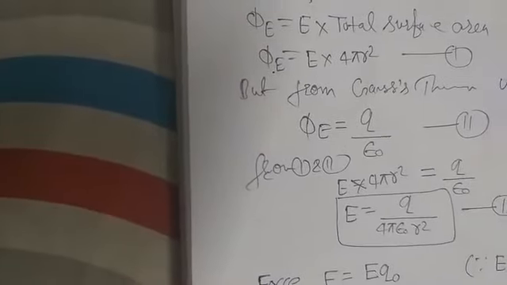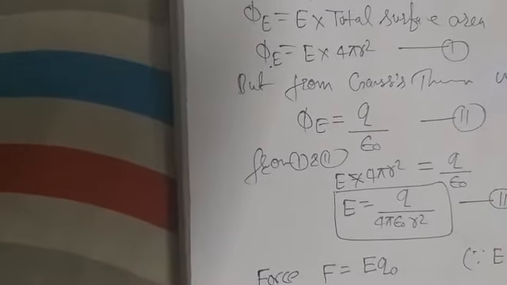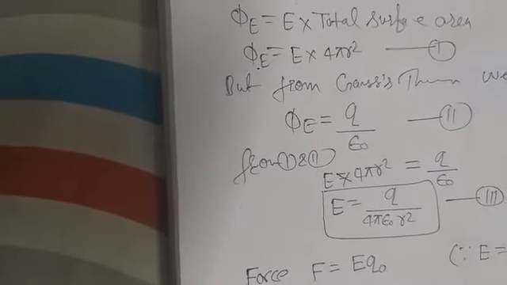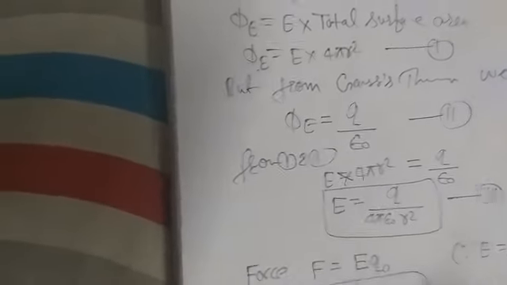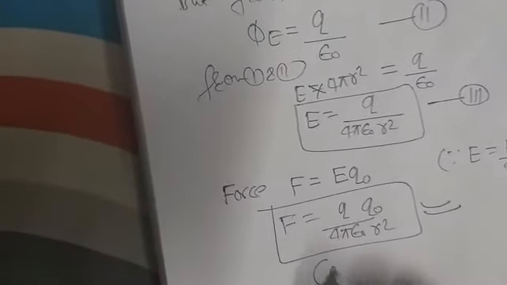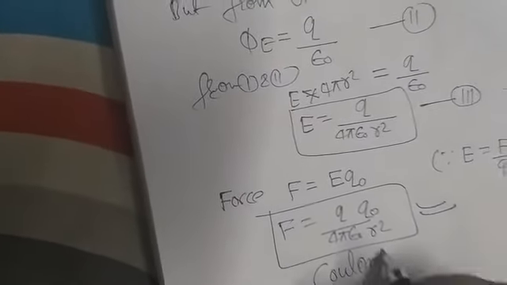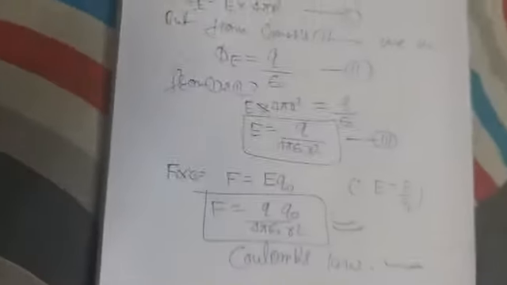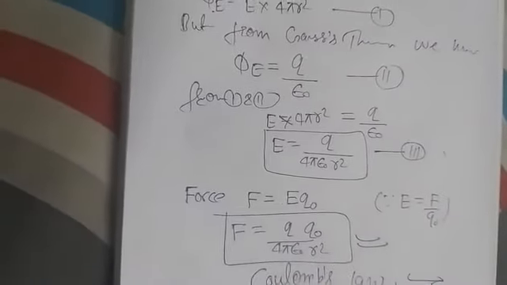Q upon 4 pi epsilon naught r square, so F equals Q Q naught upon 4 pi epsilon naught r square. And what is this? This is Coulomb's law. So in this way we can derive Coulomb's law with the help of Gauss theorem. Okay.